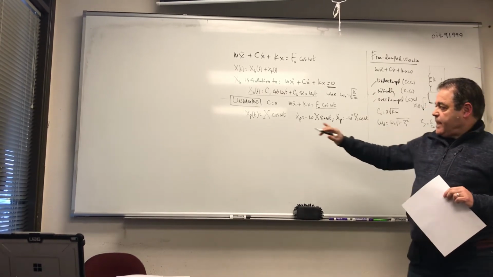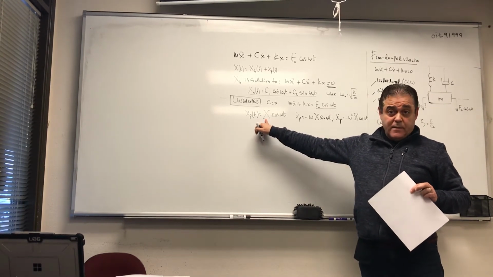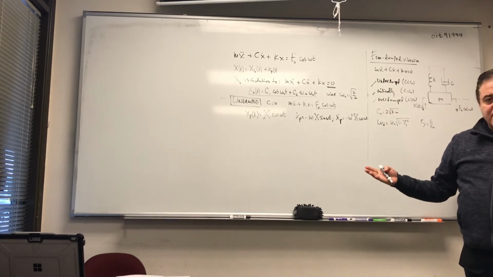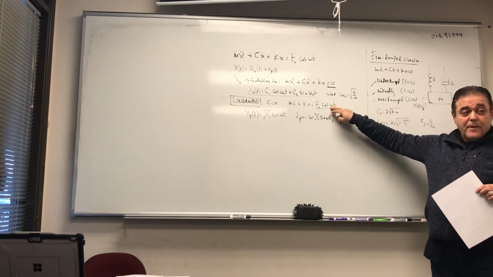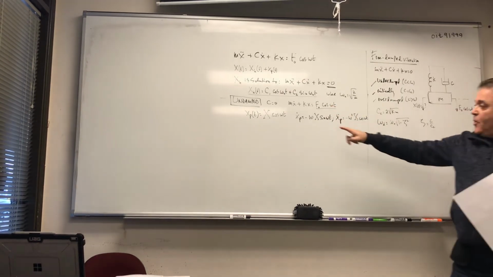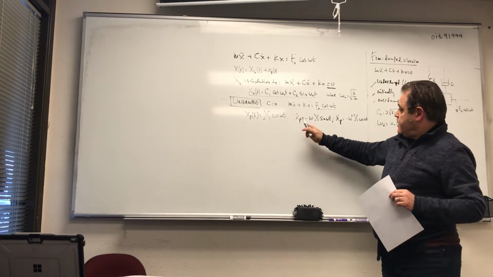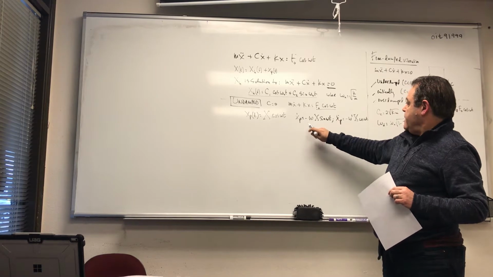Remember, one of the big questions in this type of problem is how do we determine X? What is the amplitude? Because we know the frequency will be the frequency of this force. So I just need to find the amplitude.